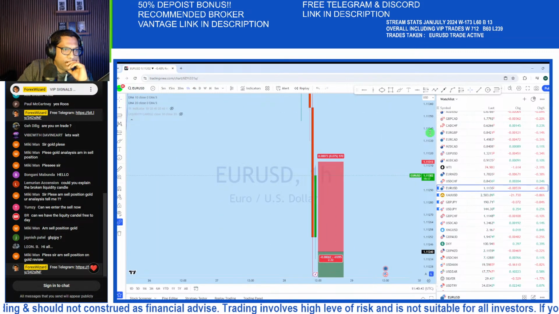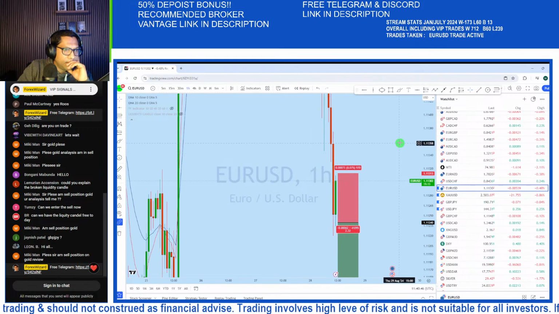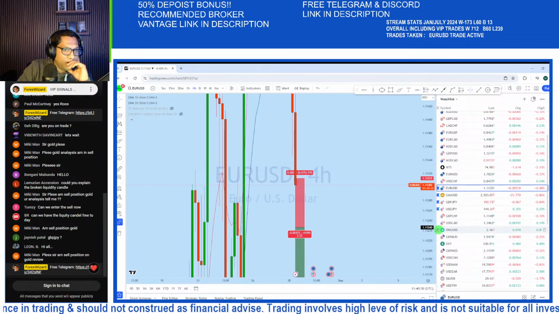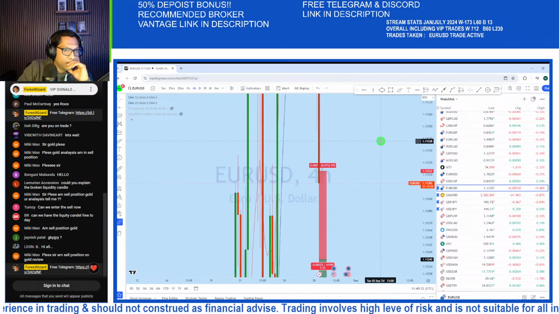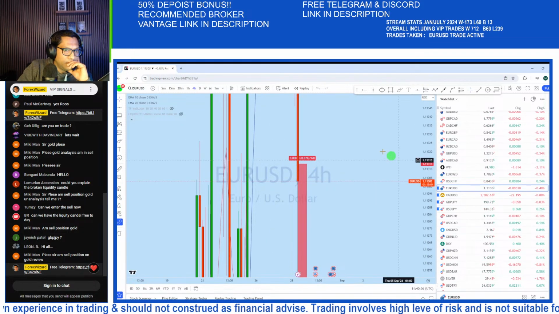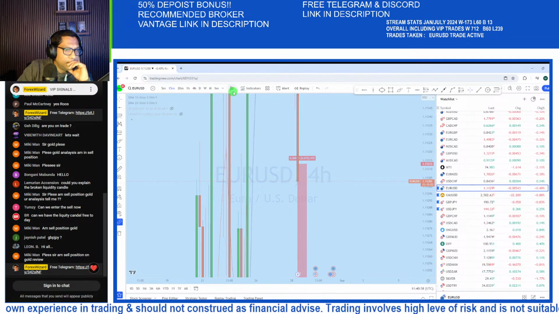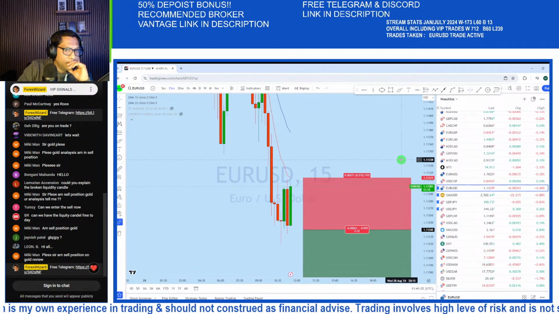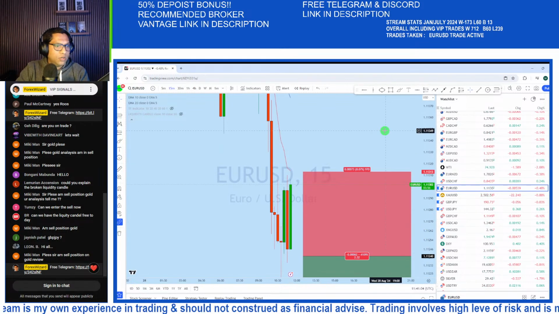So we look at the 1 hour price action and 4 hour. Yeah, it might not hold it.